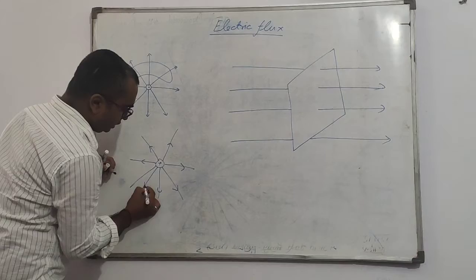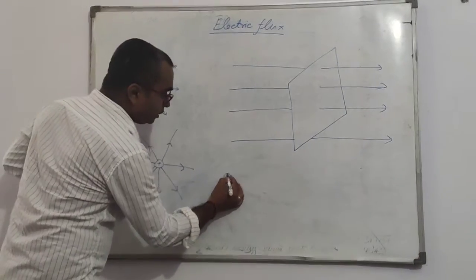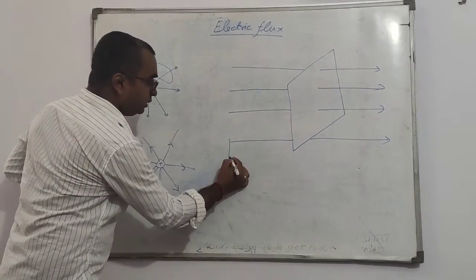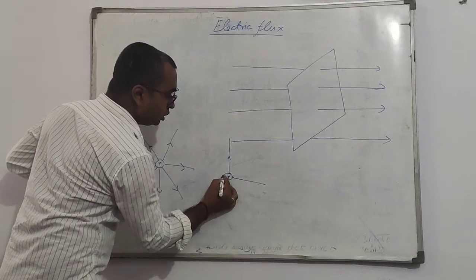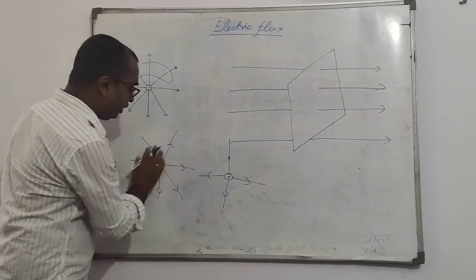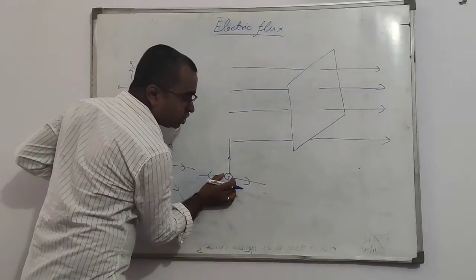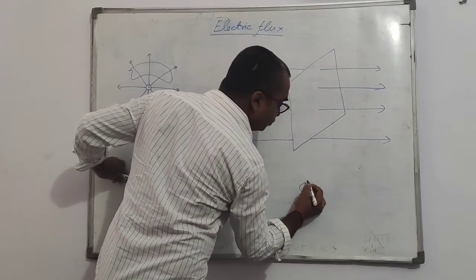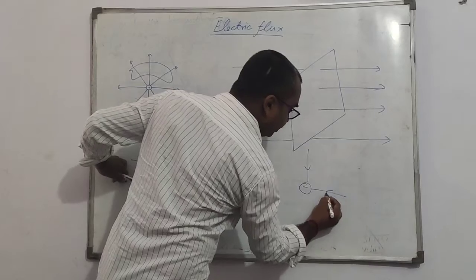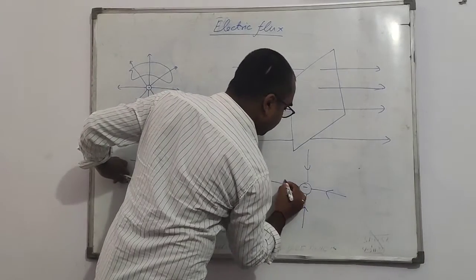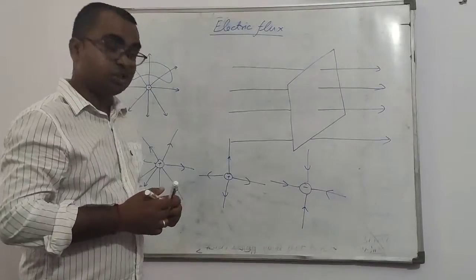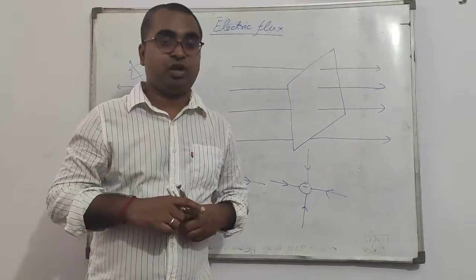If the strength of the charge is less, then the number of field lines is also less. More field lines show that the charge strength is more. If this is a negative charge, then only the arrow is inward.